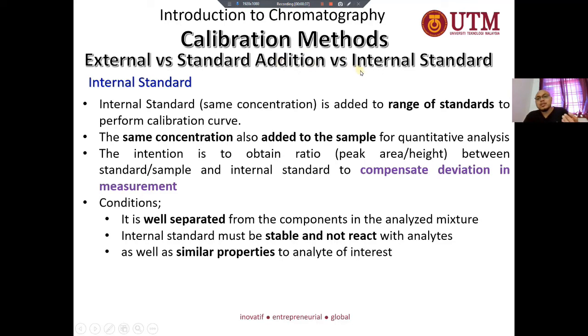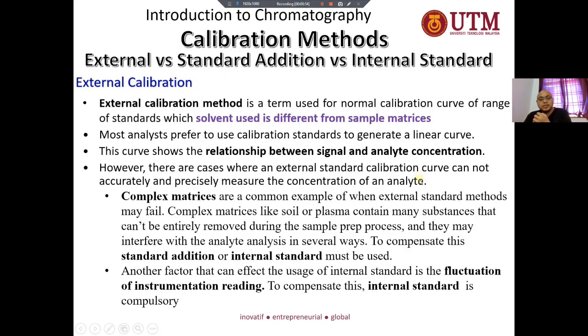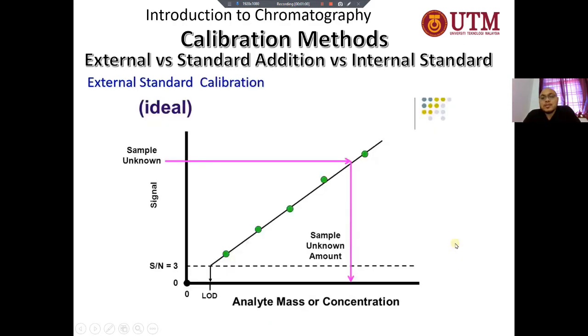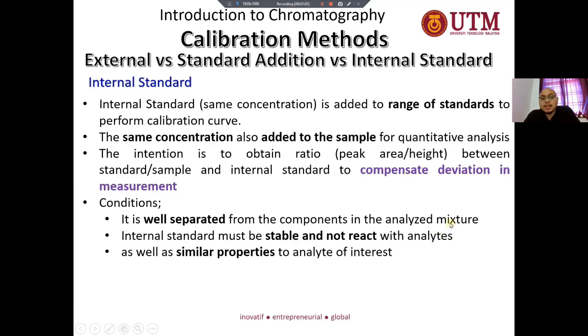So the next one is the internal standard. Internal standard is used to compensate for deviation in measurement. In other words, as described previously, when we have fluctuation in the instrumentation reading, we need to use the internal standard. The same concentration of internal standard is added to the range of standards to perform the calibration curve, and the same concentration is also added to the sample for quantitative analysis.